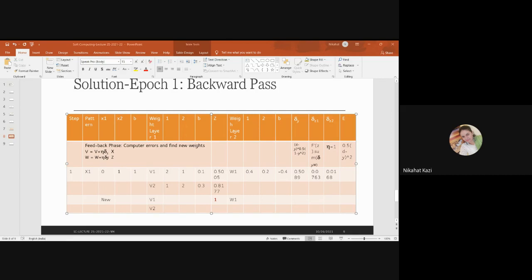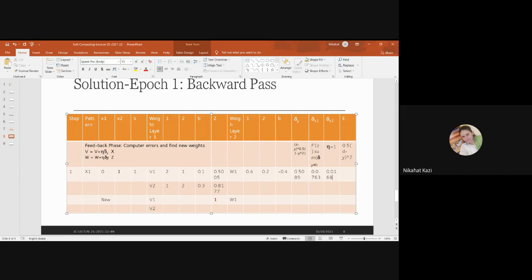Yes, ma'am. Okay. Now what you need to do is actually update the weights. Okay, error signals are done. You are going to update the weights. How will you update the weights? This equation which is given here, you have to follow. Eta is 1, given to you.